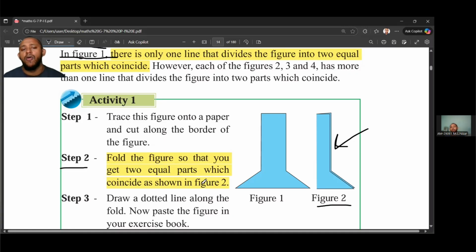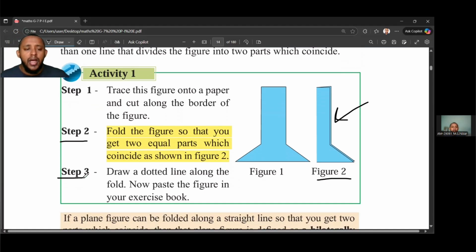Once you do the fold, you will find a figure like this. Then under step 3, draw a dotted line along the fold. Now paste the figure in your exercise book.